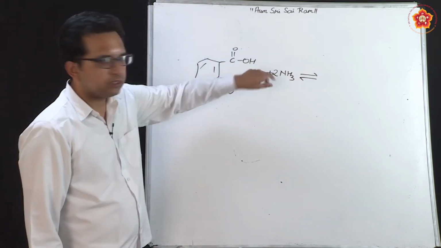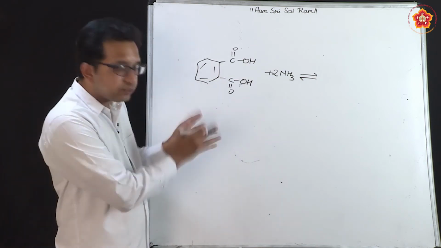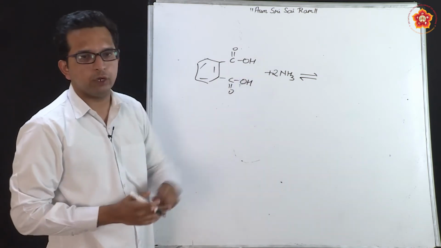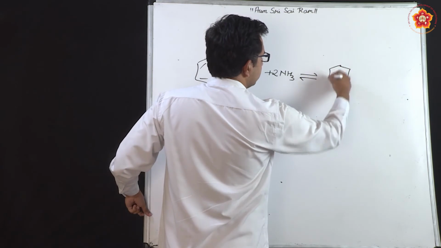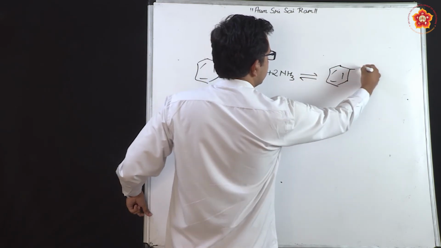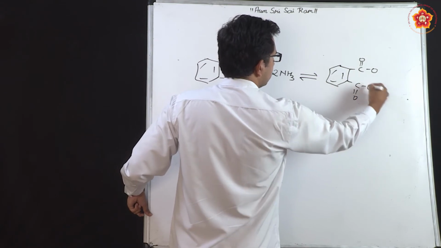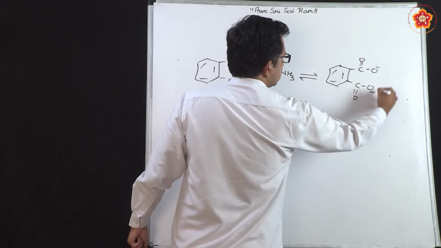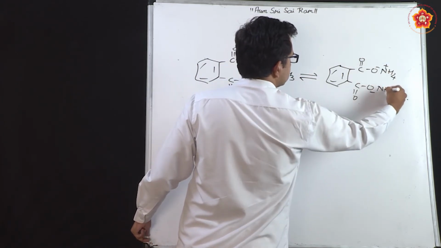This does not mean that we supply two molecules; ammonia will be present in large quantity. For this reaction, because two COOH groups are there, it requires two molecules of ammonia. So, what happens here? Exactly the same intermediate that you saw in the earlier reaction, COO minus, COO minus, and here I have written both with negative charges, and the further part will be NH4 plus, NH4 plus.